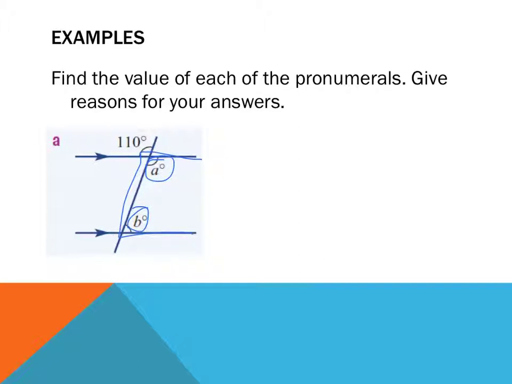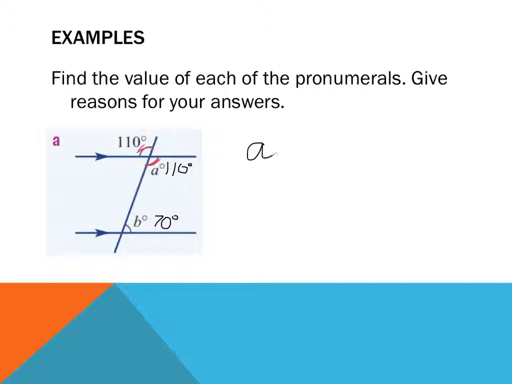So sometimes you're required to look at other pieces of information in the diagram in order to come to an answer. This angle here and this angle here are vertically opposite, and I know vertically opposite angles are equal. So A is going to be 110 because its vertically opposite angle is 110. Now A and B are co-interior, which must mean if A is 110, B must be 70 degrees because those two angles altogether equal 180.